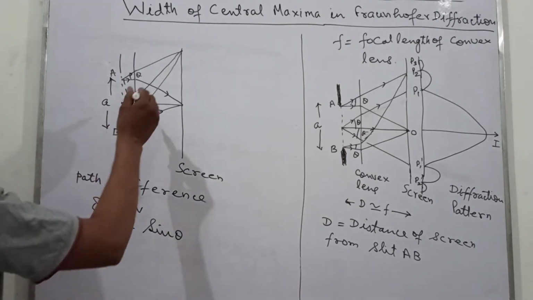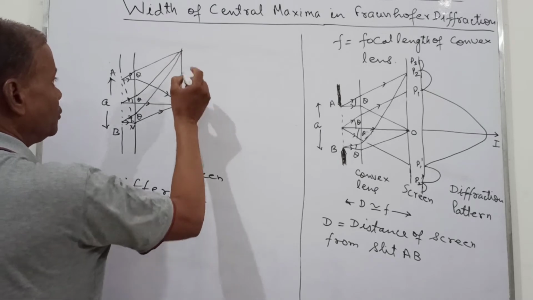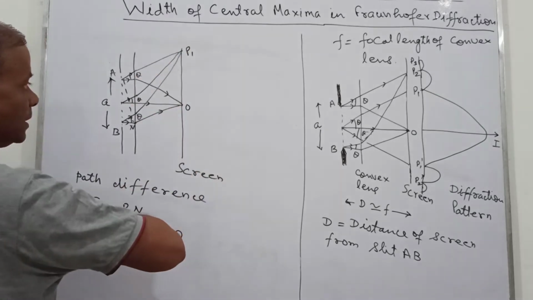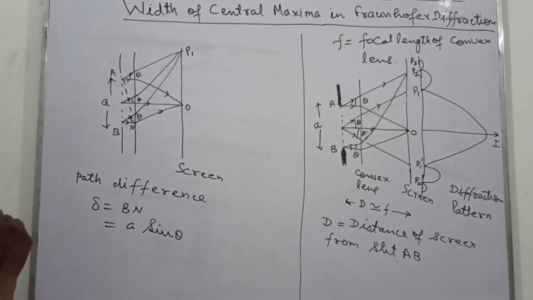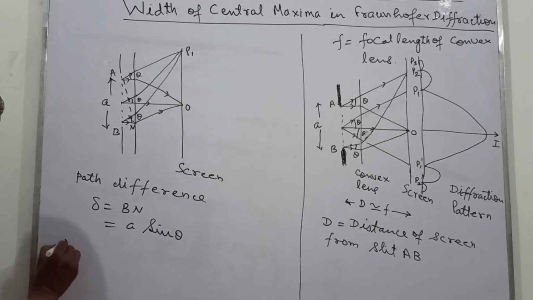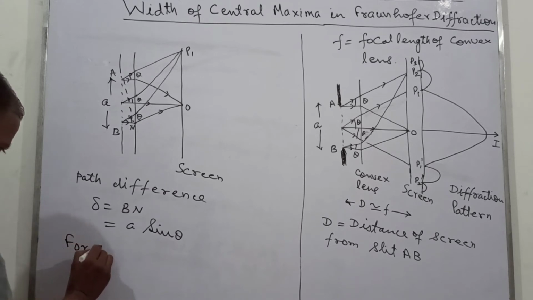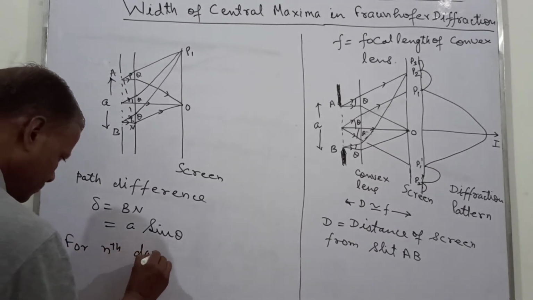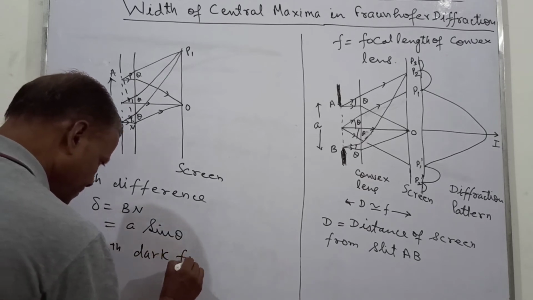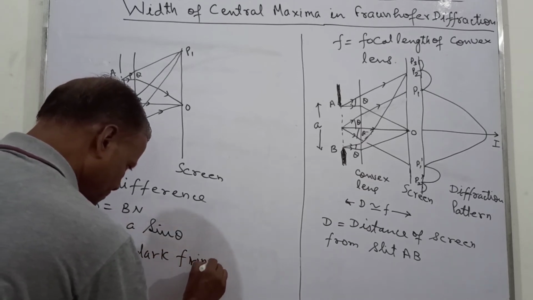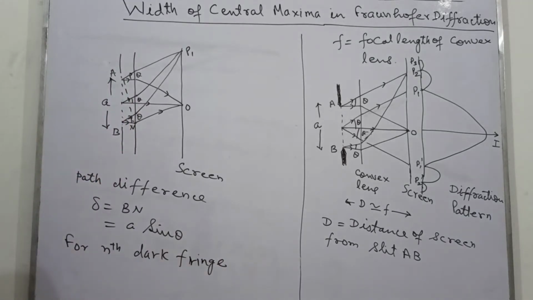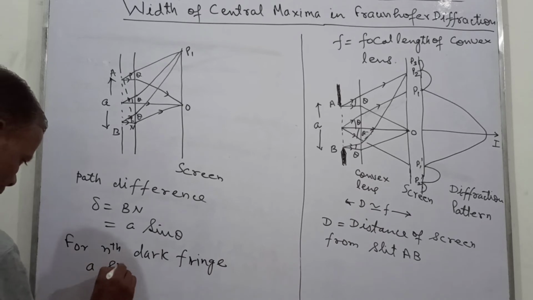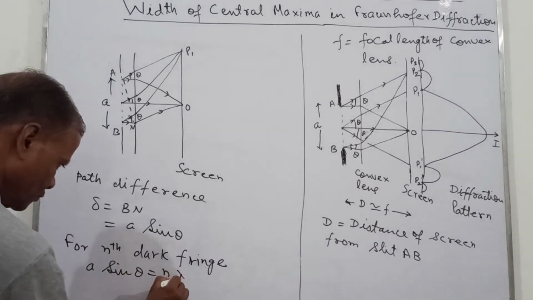Let this point be O, and this be point P1. Then for the nth dark fringe, a sin theta is equal to n lambda.